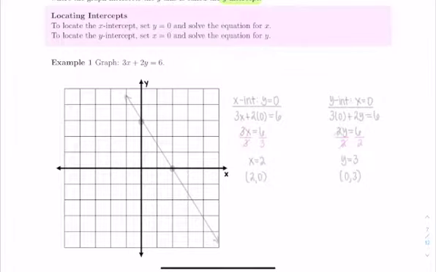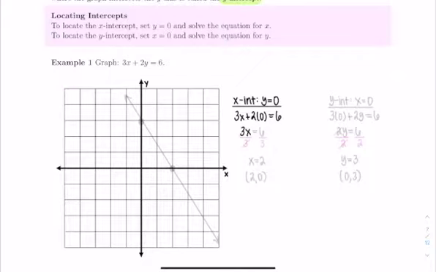Let's go ahead and do the x-intercept first. That's when we let y be equal to 0. So we have 3x plus 2 times 0 equals 6. Well, 2 times 0 is just 0.